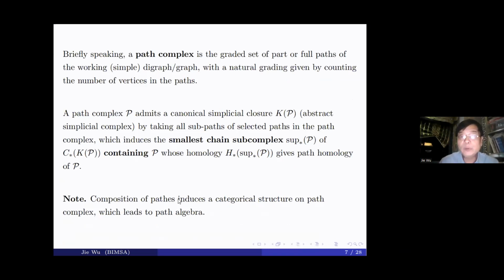Briefly speaking, the interesting part, at least in the beginning, is that you try to look at a given, say, diagram. So now you look at the possible paths in the usual sense. You just go step by step from one vertex to another and keep going. From this, you will get a complex.